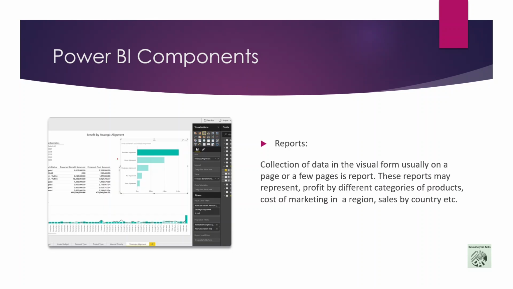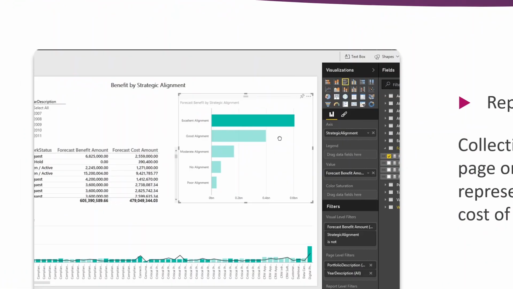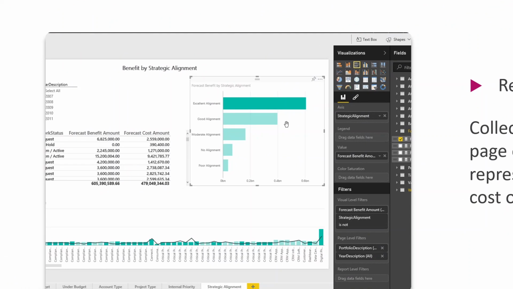Report is also very important. Again, it is one of the analytic solutions. The collection of data in visual form, usually on a page or a few pages, is a report. This report may represent profit by different categories of product, cost of marketing in a region, sales by country, etc. Look at this: it is showing the benefit of a strategic alignment.